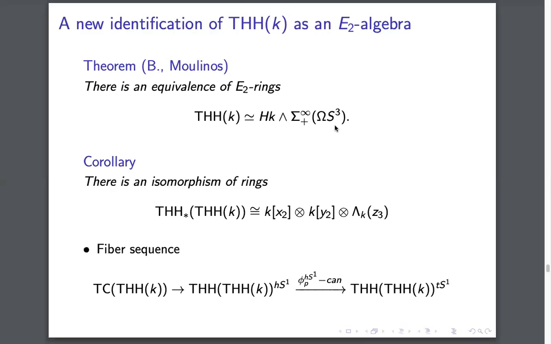Actually, we also have the DGA with truncated homology in degree, say, n, right? So you just kill x to the power 2. It's basically an exterior algebra on a single generator. So we can do that. We believe in future work we can.